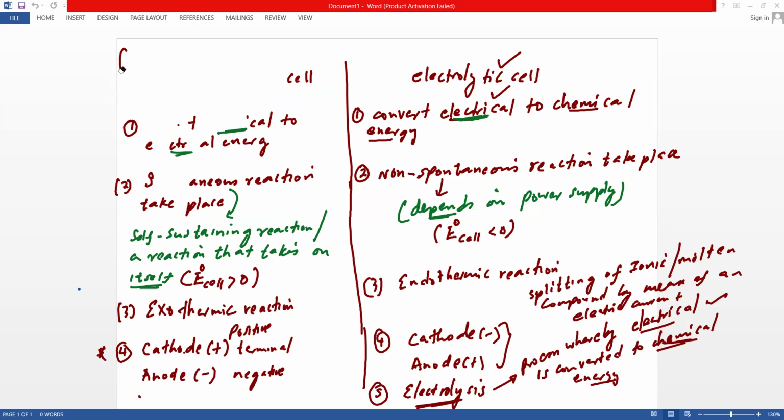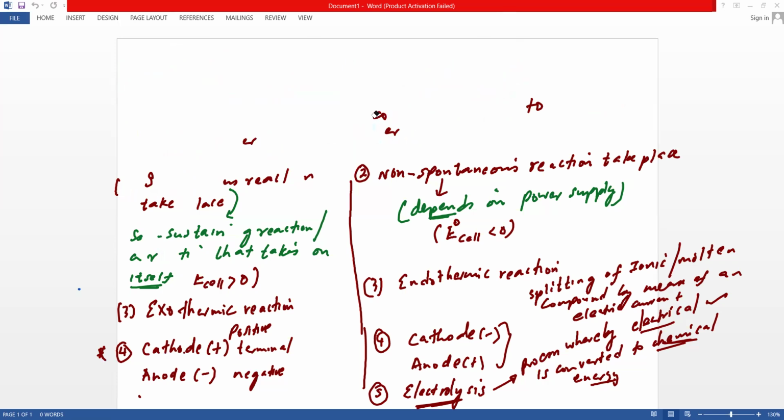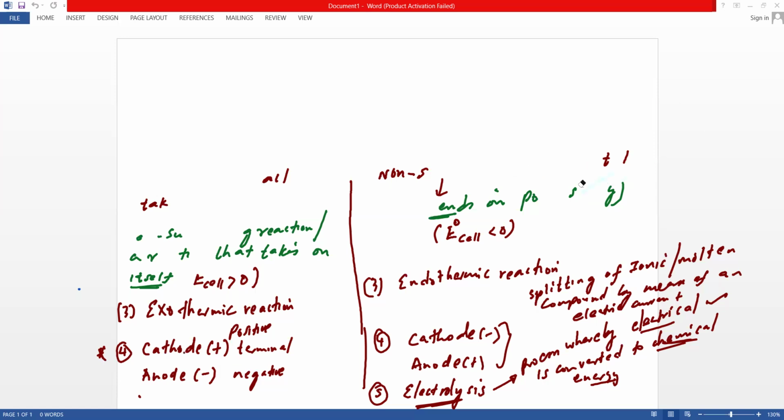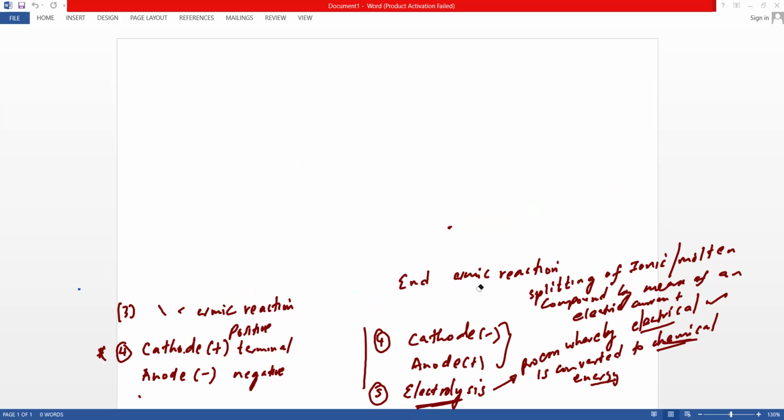For now, I can address the galvanic cell, in terms of its structure, how it is constructed, and also the reaction conditions. A galvanic cell contains two half cells, separated by a salt bridge, and there is a voltmeter connected across the cell.